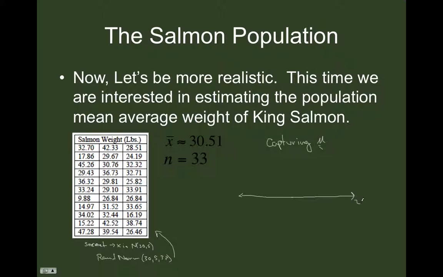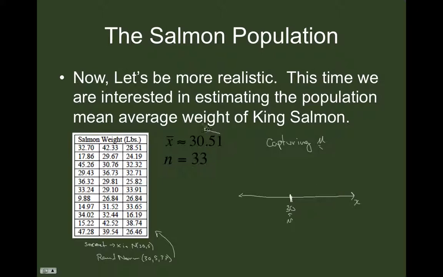So when I think about the domain of the population now, and I'm using X on the axis because I'm actually talking about the fish population, or the weights of individual fishes in the population, we know in that population there's a true mean, and in this case we know it's 30, and that is mu. So this is what we're trying to capture.